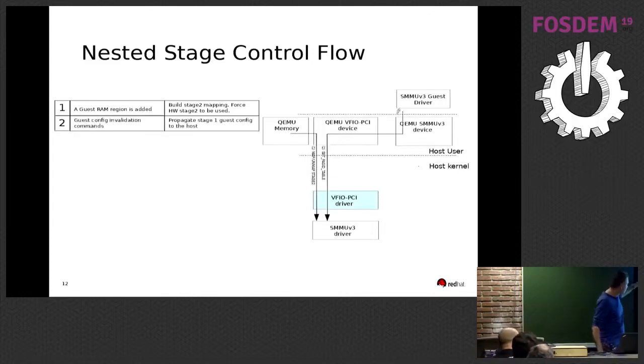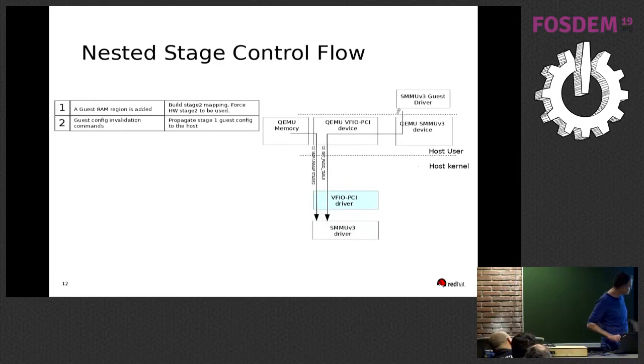As I explained previously, each time the guest makes changes to the configuration structure, we need to pass this information to the host kernel so that it can update the main configuration structure and associate the stage 1 configuration structure programmed by the guest operating system.